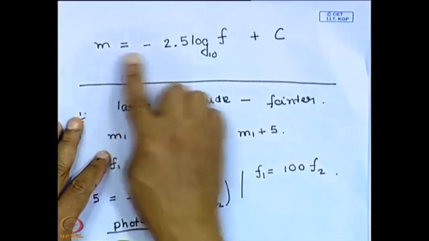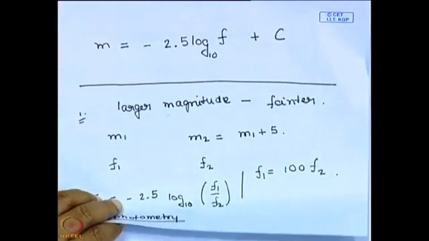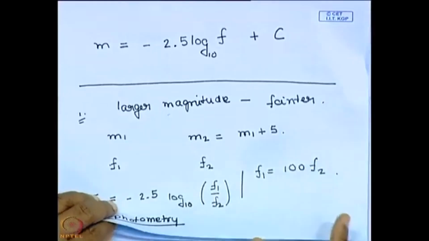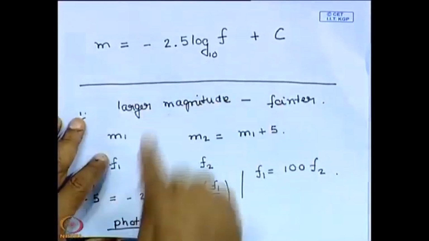Where is the 0? For which source is the 0?